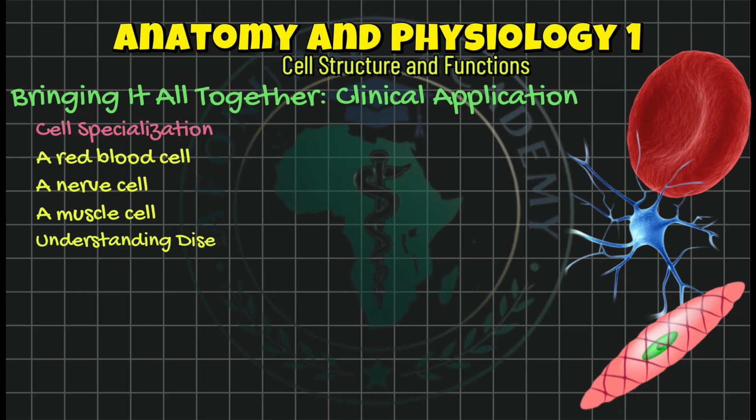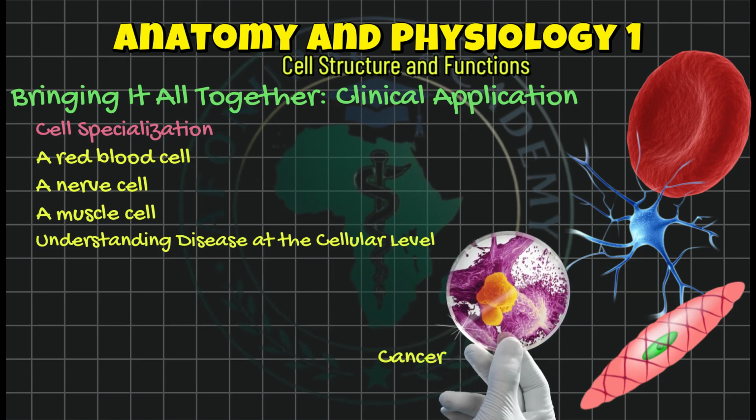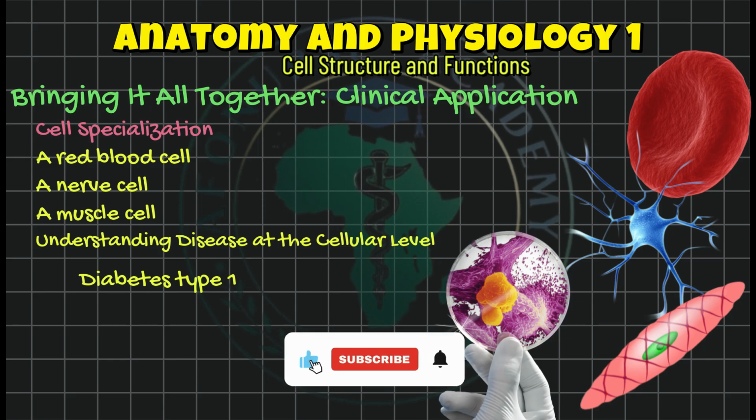Understanding disease at the cellular level. Understanding normal cell function also helps you understand disease. Many diseases start at the cellular level. Cancer happens when cells lose control of cell division and multiply uncontrollably. Diabetes type 1 involves destruction of insulin-producing cells in the pancreas.